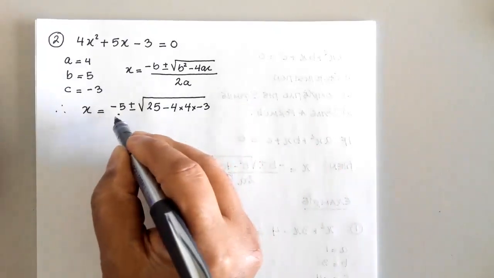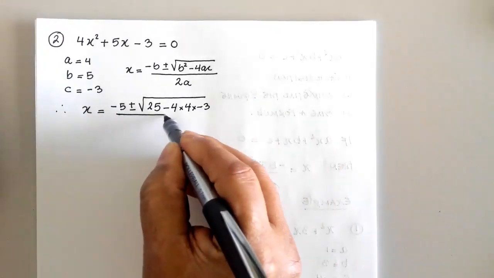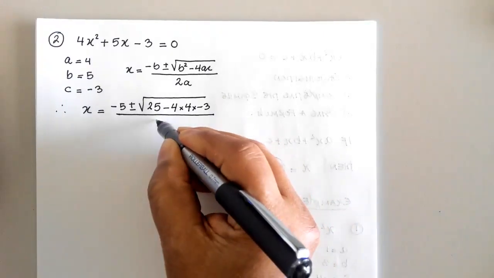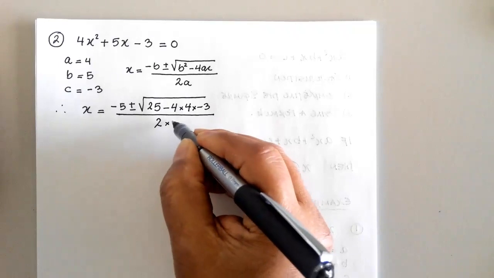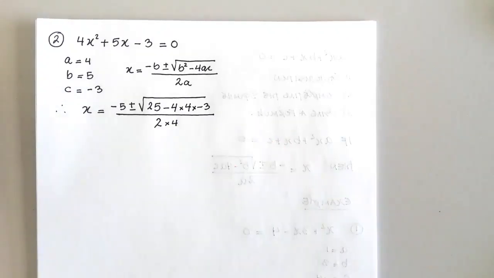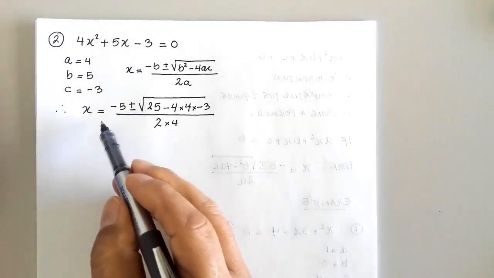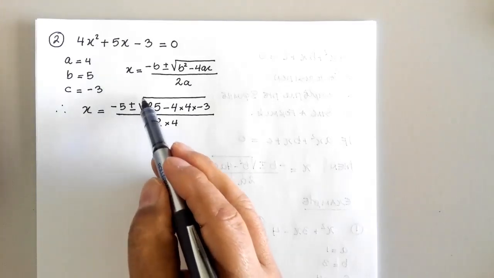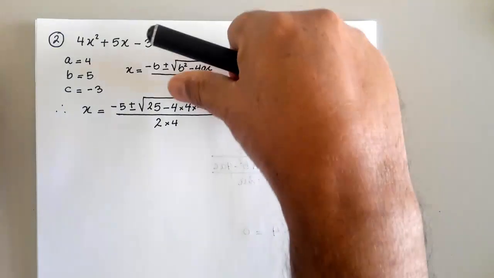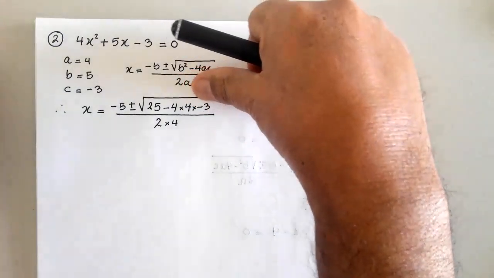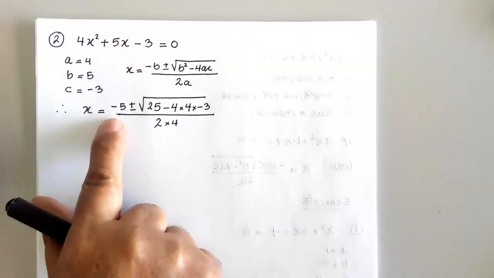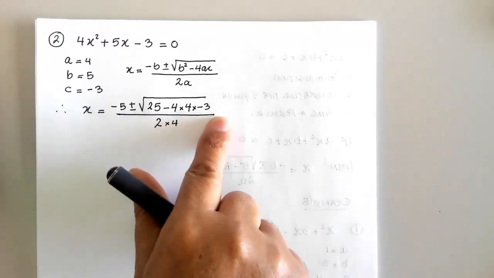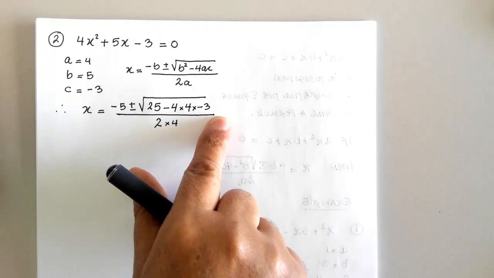And then this line goes all the way up to the end. And then 2 times 4. Make sure that you write it properly. The square root goes all the way, it doesn't stop in there. And also this line has to go all the way from here to the end. If you don't do that, then it's wrong.